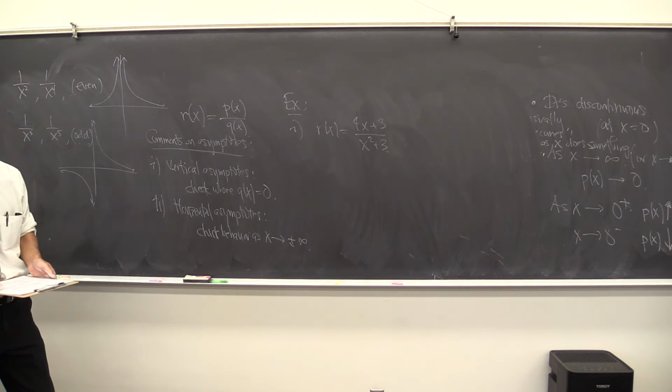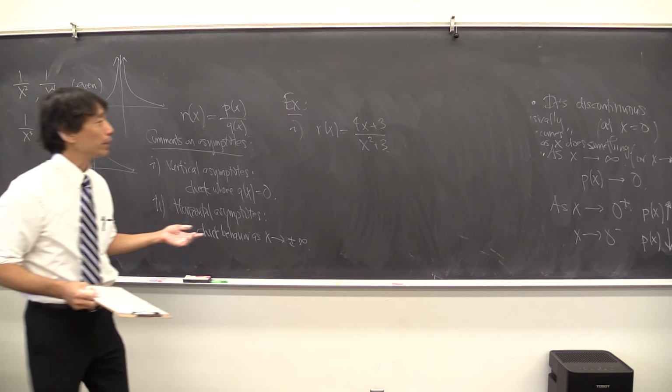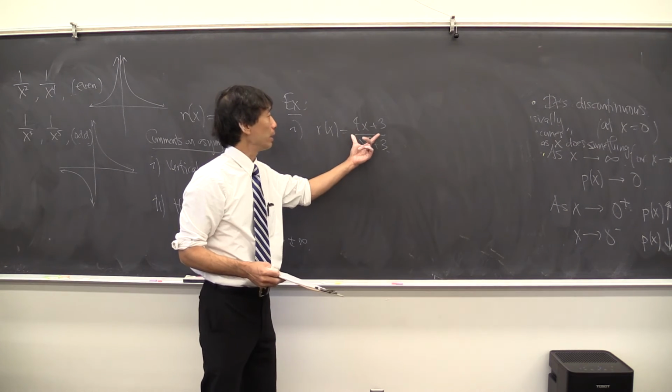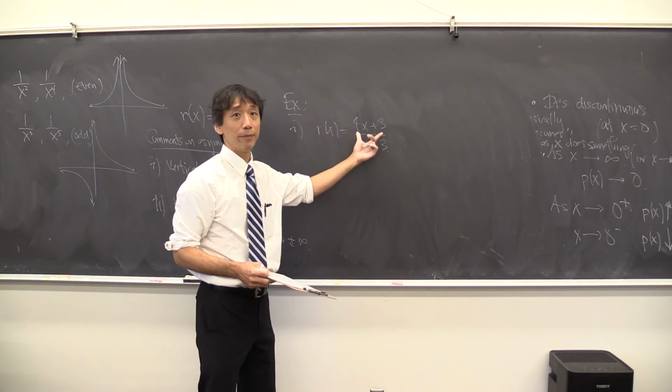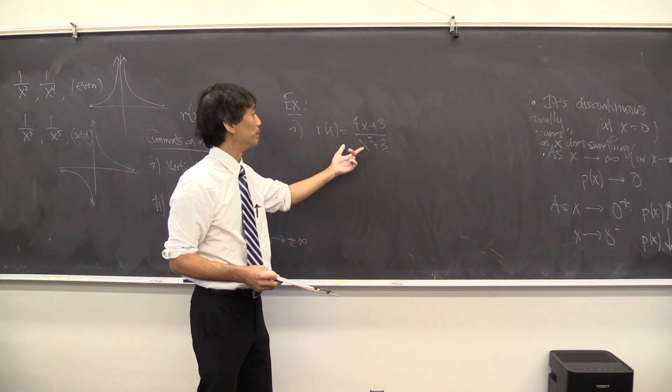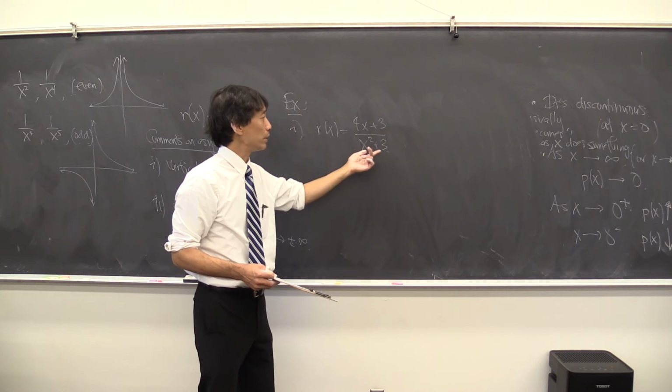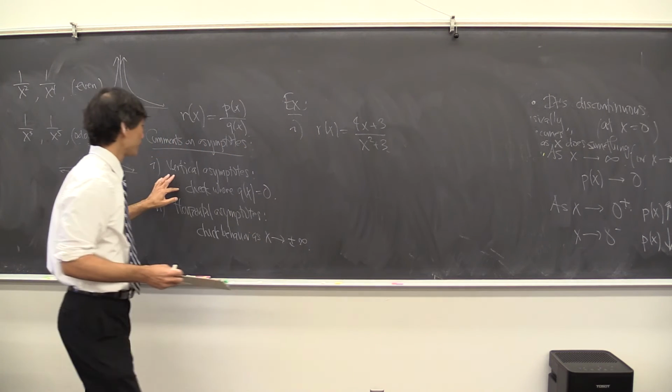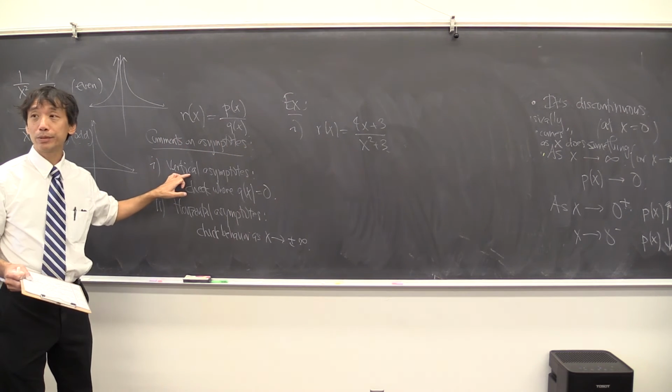If you see something like this, does it have any vertical asymptotes?